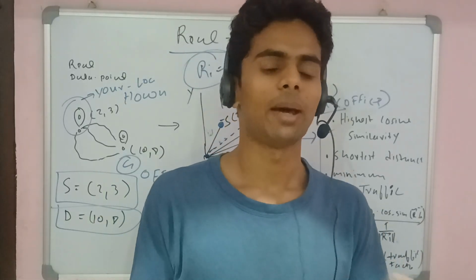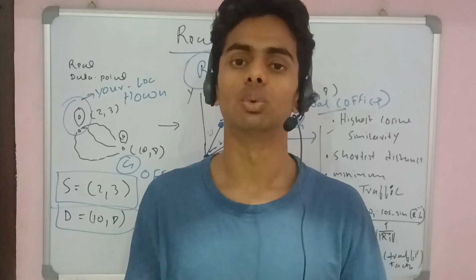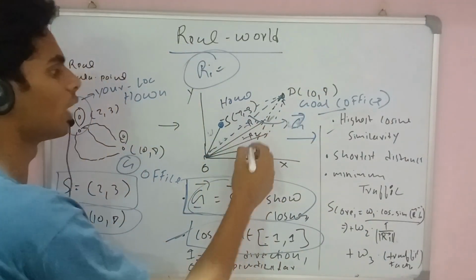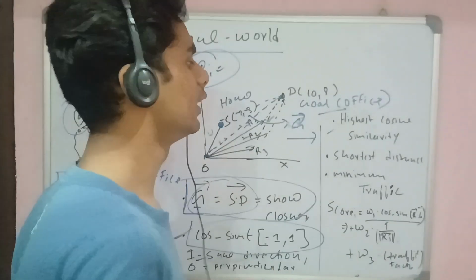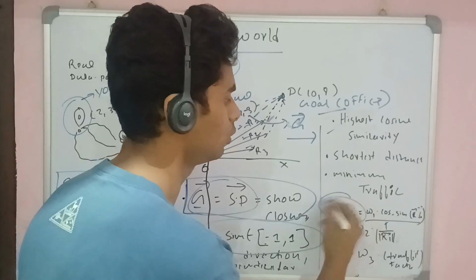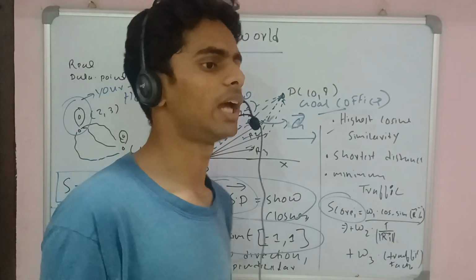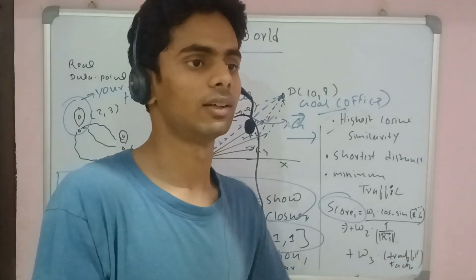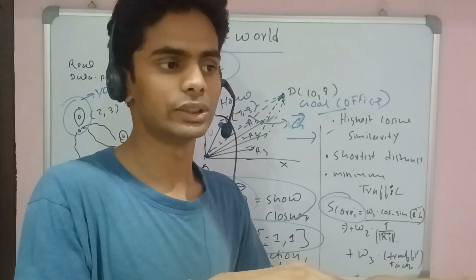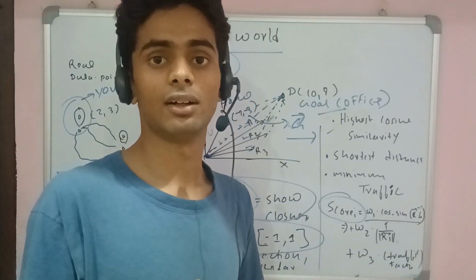The parameters are all about creating a score for each route. So suppose r1, r2, r3 each get a score. How do you decide that a particular route is the best route?